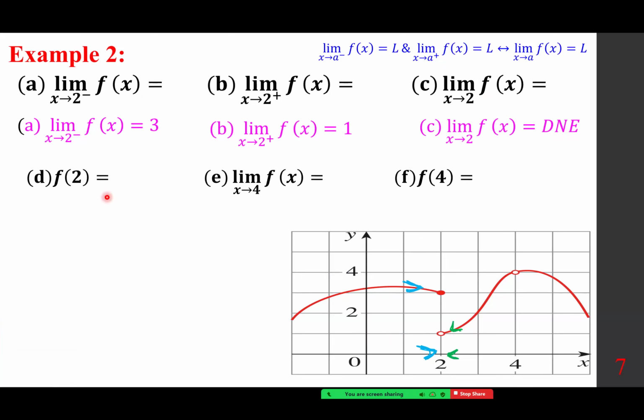Now, the limit of f of x as x approaches 4, when we move towards 4 along the x-axis from the left side, it is moving us towards this point, which has the answer 4. As we approach it from the right side of 4, we are moving this way.